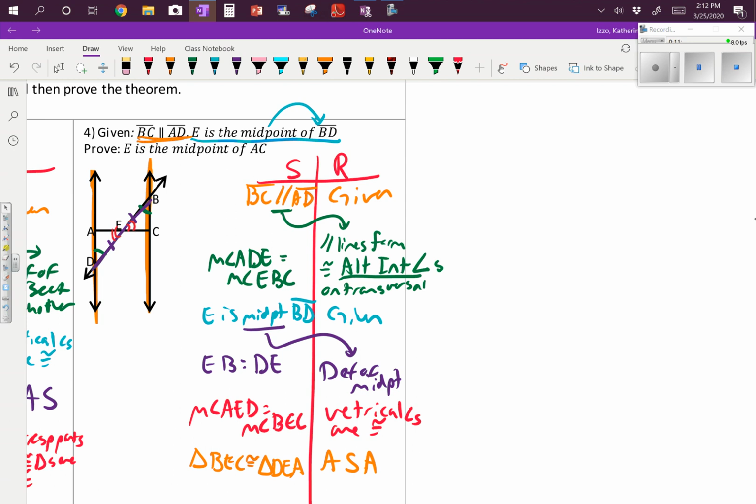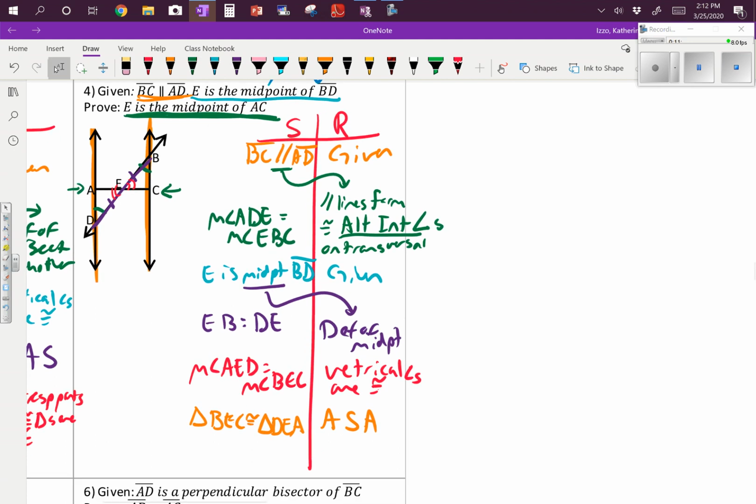Now, we're all well and good there, but notice they're doing something different here. They're not saying prove that this is equal to this or prove that that's congruent to that. It's saying prove E is the midpoint of AC. Our mission is to look at AC and figure out what's happening there. Well, I know that AE and EC are equal.